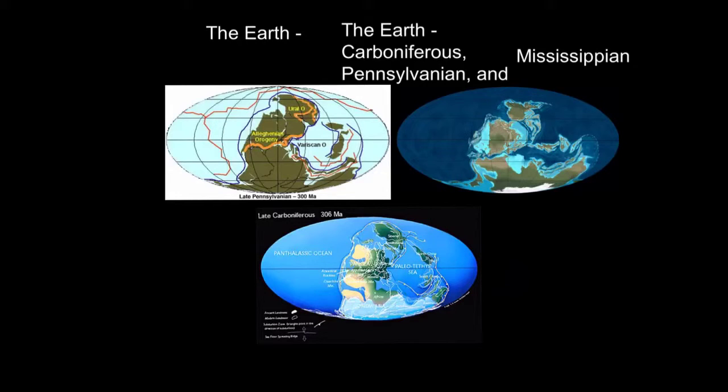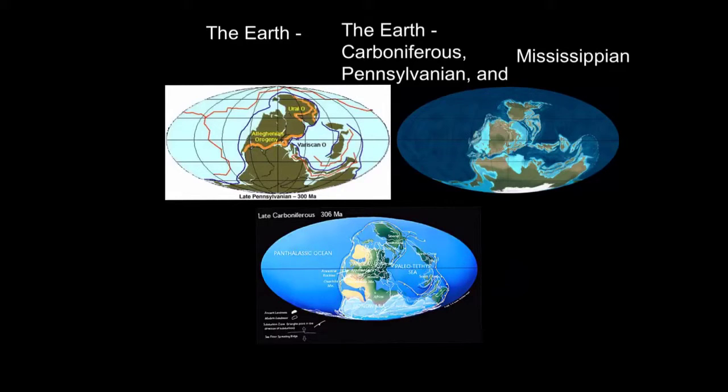So first, let's look at the late Carboniferous period here, down at the bottom. And as you can see, it's actually starting to turn into Pangea. Yeah, and that's really interesting. It won't be too long now before that is Pangea. So we'll just have to see where this goes.